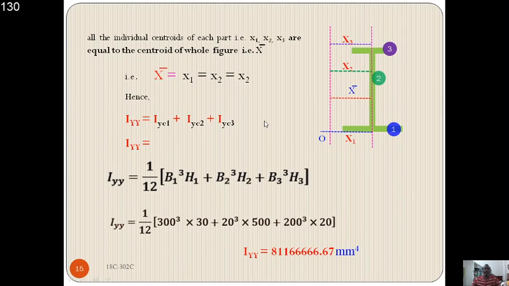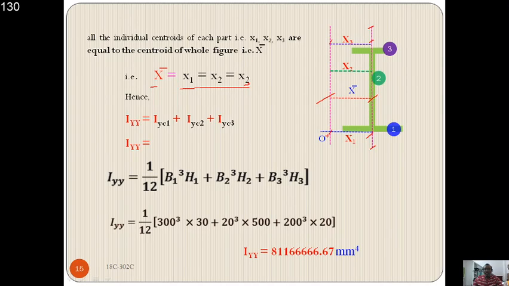Now for the IYY, let us identify whether there is any symmetry and whether all the values are equal or not. It is understood that all parts lie on the same axis. So your x bar value is the same, and x1, x2, x3 and everything are the same. All the values from the reference point of the zero axis are the same.